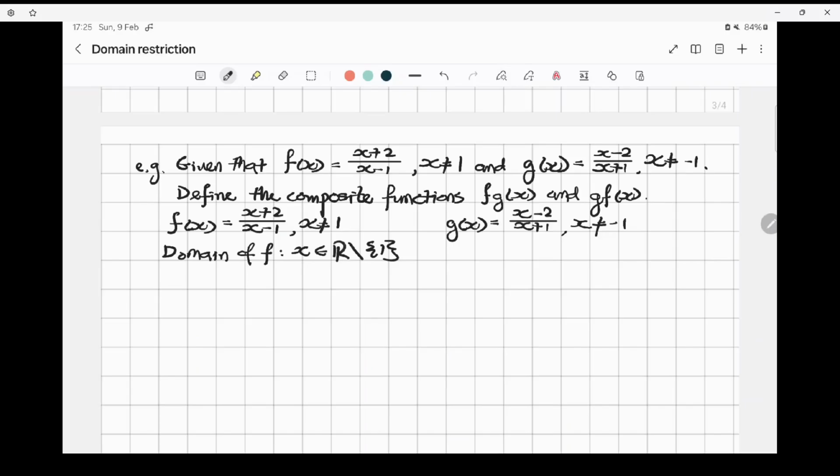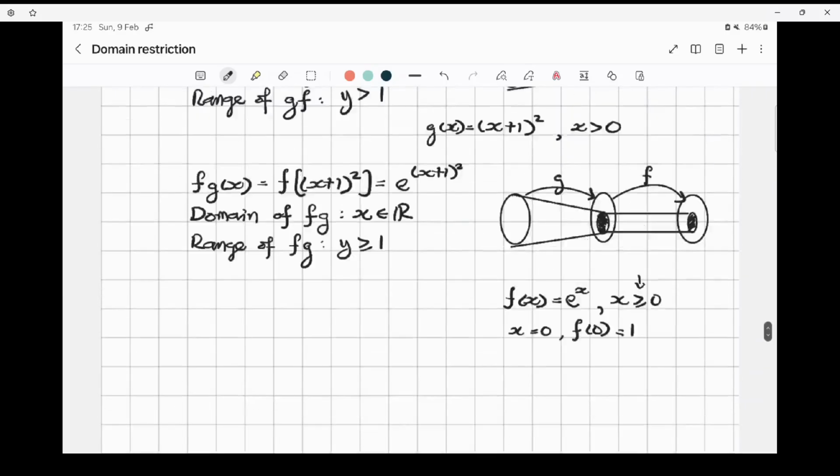The range of f requires you to find the horizontal asymptote. Since I have not really covered how to find horizontal asymptotes at the moment, let me just give you the so-called answer, which is actually 1. So that will be your range of f.